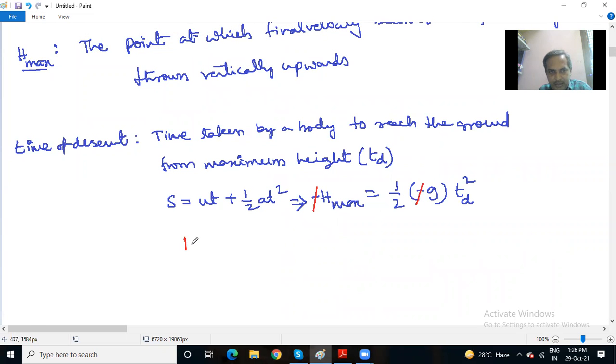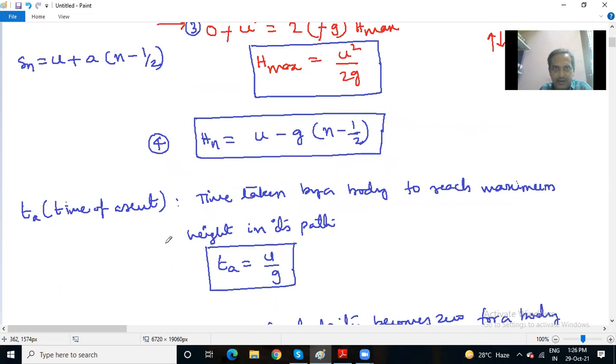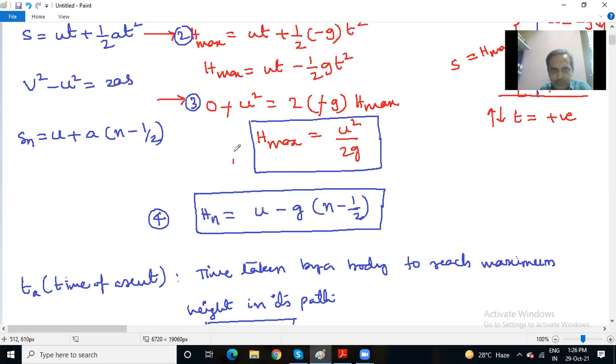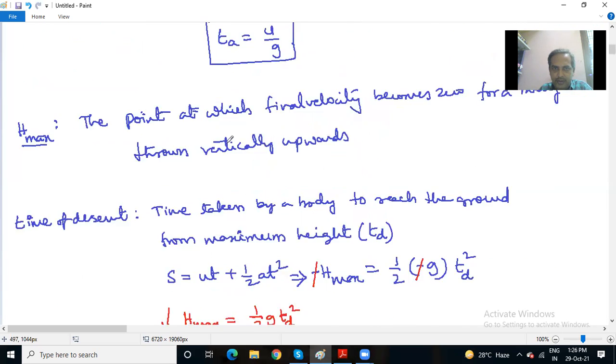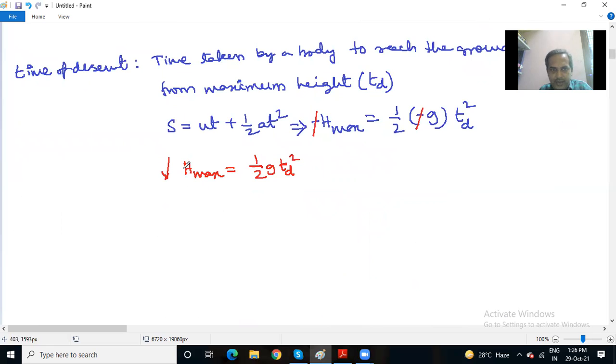So you will get h max is equal to half g t square in the downward journey, and in the upward journey you got h max equal to u square by 2g. So therefore, the vertical displacement going upwards and coming downwards is the same. Therefore h max while going upwards is equal to h max while coming downwards.